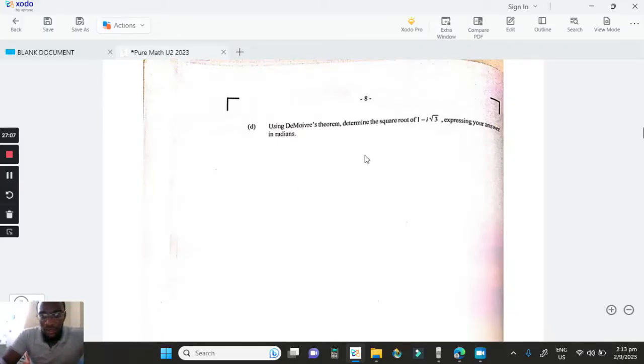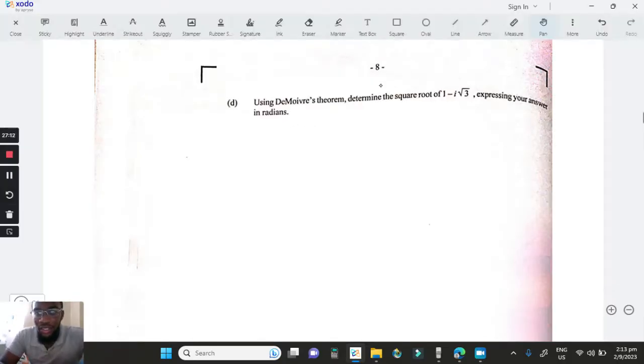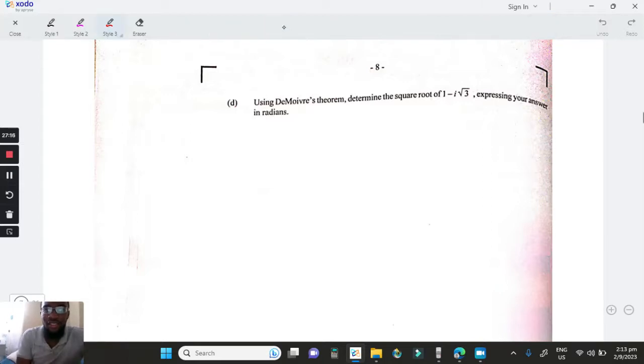Now this question says, using De Moivre's theorem, determine the square root of this expression in radians. The key thing is it says using De Moivre's theorem. Please do not use the other method where we call it v and try to find the square root of v.